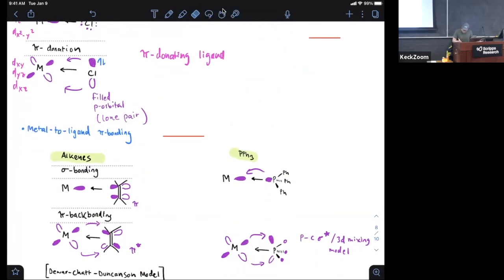And then you can also consider the opposite case. Let's consider the bonding scenario with olefins as ligands. As we just said, these can be sigma donating. But now you have a pi star antibonding orbital on the ligand that is of the appropriate symmetry to accept electrons from a filled d orbital on the metal.